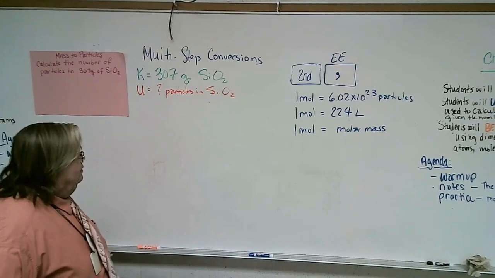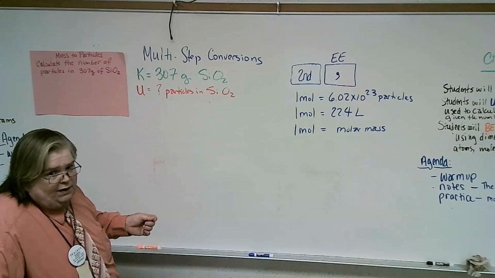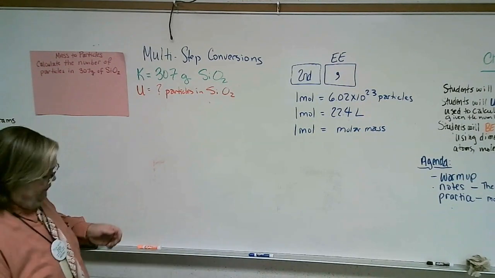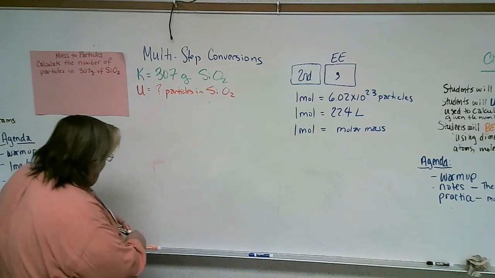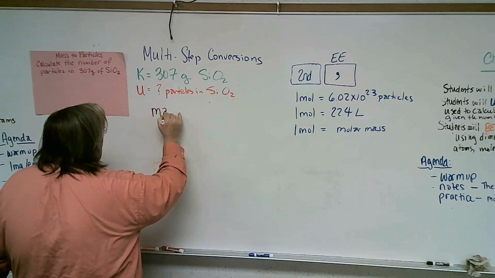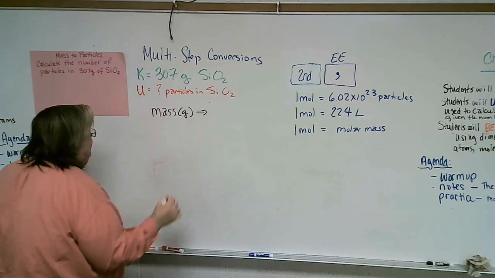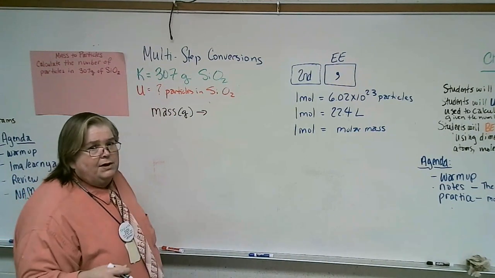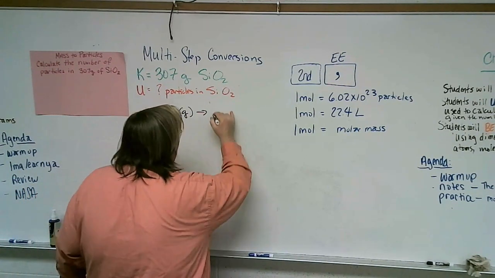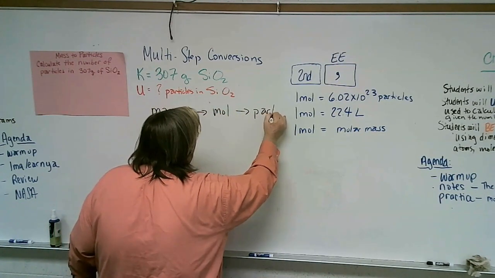So for this particular thing, we're actually going to have to use two different conversion factors because we're going from mass in grams, and we're trying to get to particles. Well, we can't go straight from mass to particles, but we can go from mass to mole to particles.